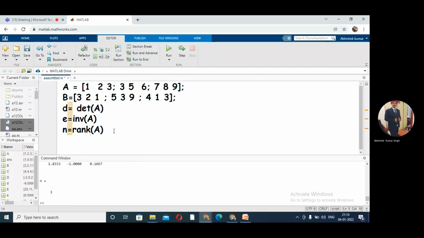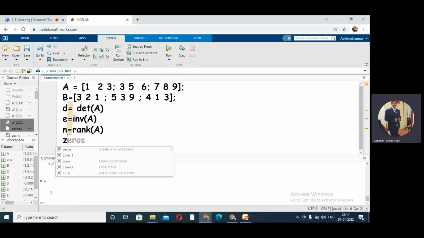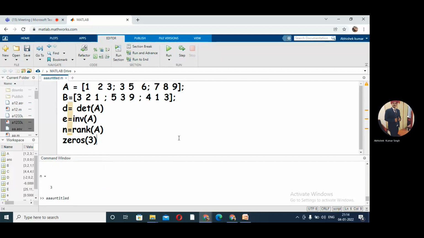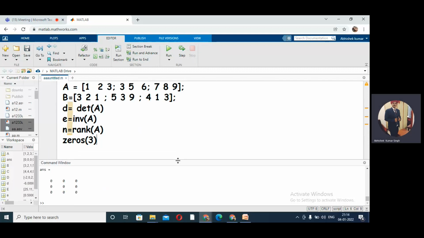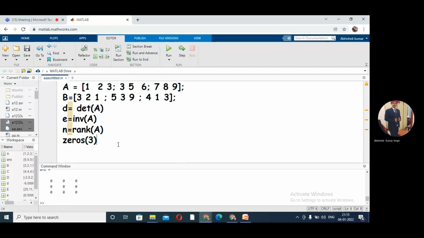Now, if you want a zero matrix of 3 cross 3, for that we have zeros 3. With that we'll get the 3 cross 3 zero matrix. Yes, the zero matrix is coming. Now the identity matrix.